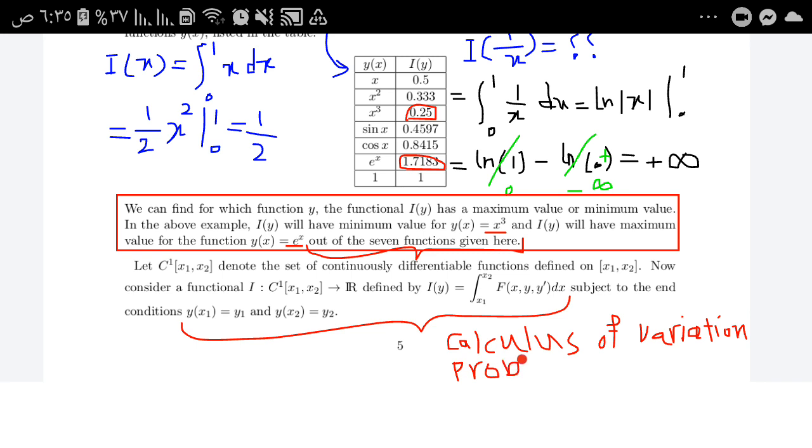This is the definition of a calculus of variations problem.